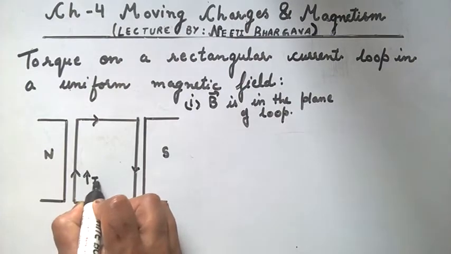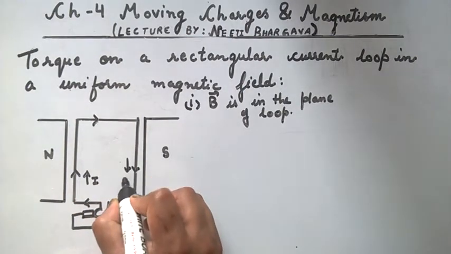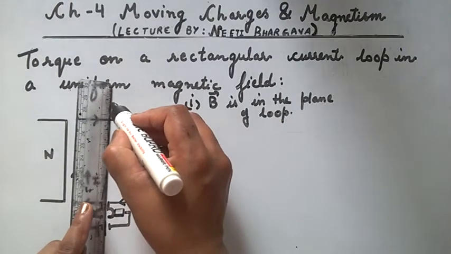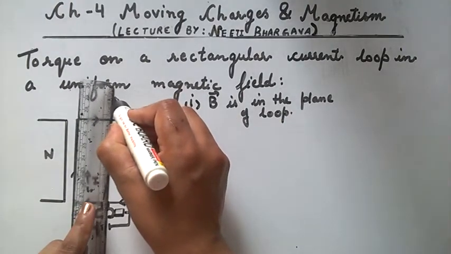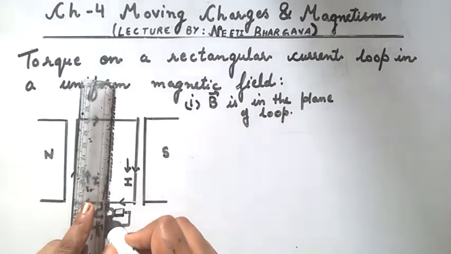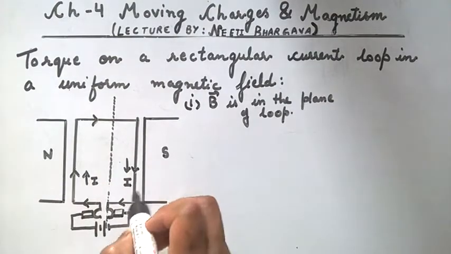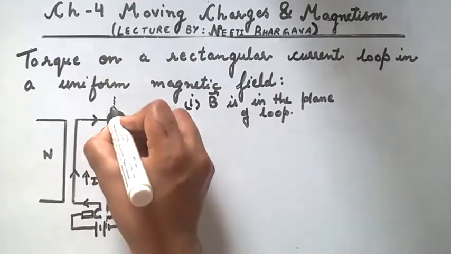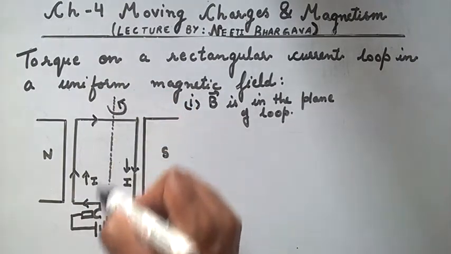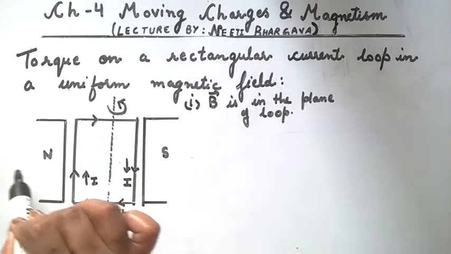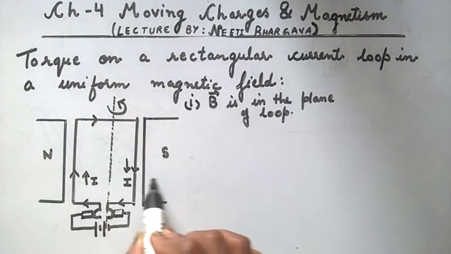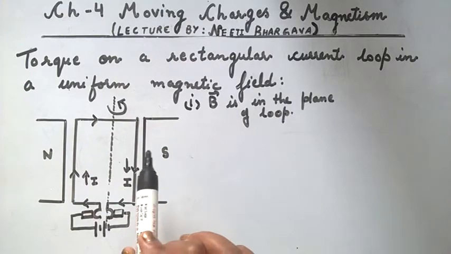Steady current is flowing through the coil, and this coil is pivoted, that is fixed through a pointed support, thus will only do rotational motion and not translational one. This is a rotational vertical axis along y, and the magnetic lines of force are along the x-axis from north to south pole.